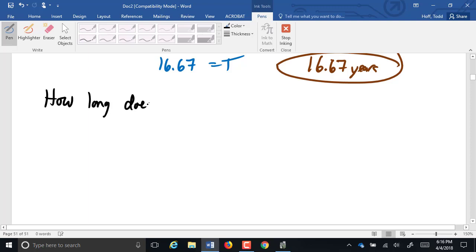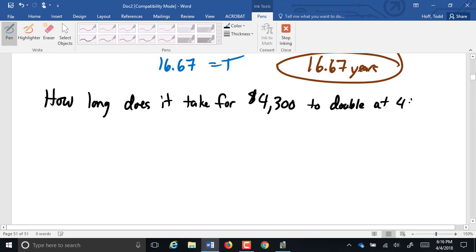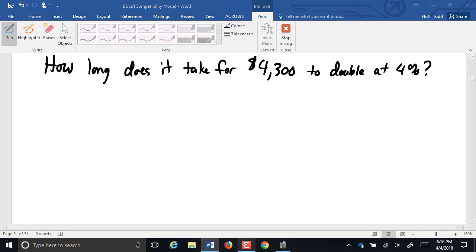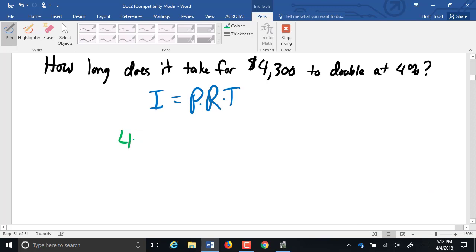How long does it take for $4,300 to double at 4%? Try that one in your notes. So our interest is 4,300. Our principal is 4,300.